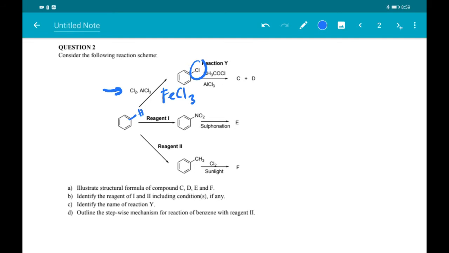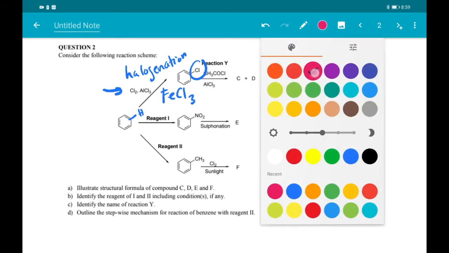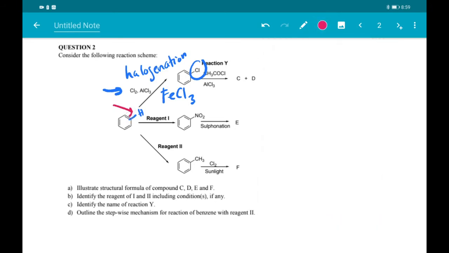Any addition of halogen compound to the benzene ring or to other compound can be identified as the process of halogenation. Right? In this case, okay, it replaces the H, which is bonded directly to the benzene.